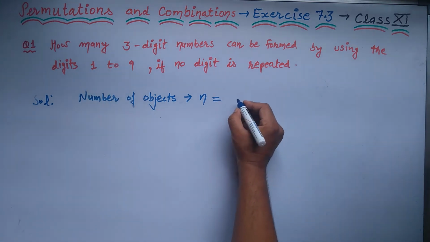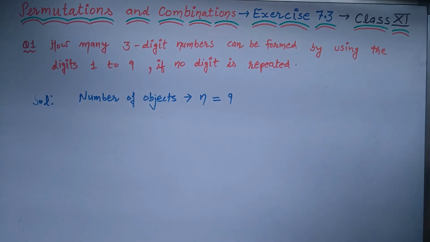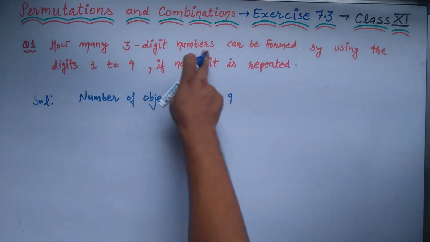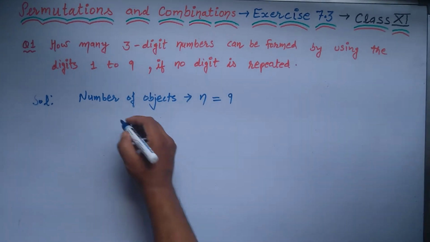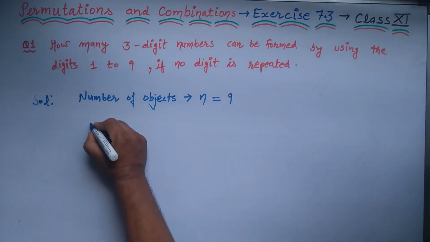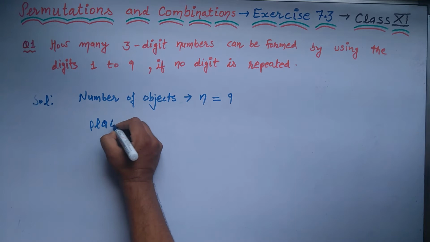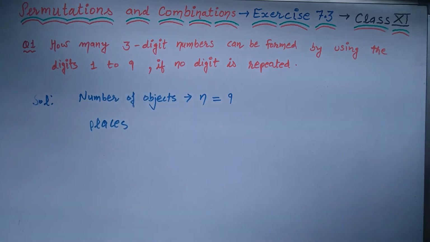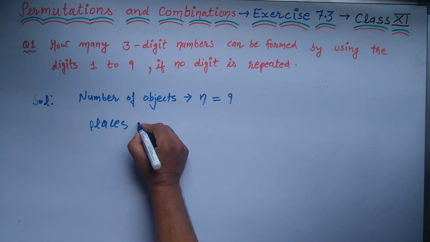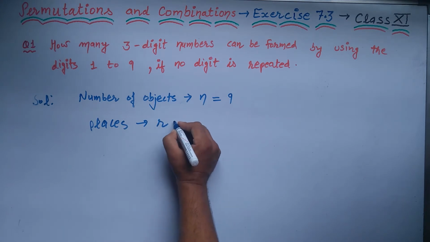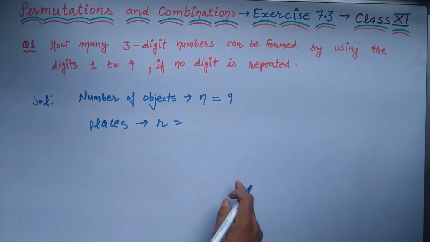How many digits are there? 9 digits, 9 objects. Okay, and how many boxes are there? Places where these 9 objects are to be filled, that is called r, which is equal to 3, a three-digit number.